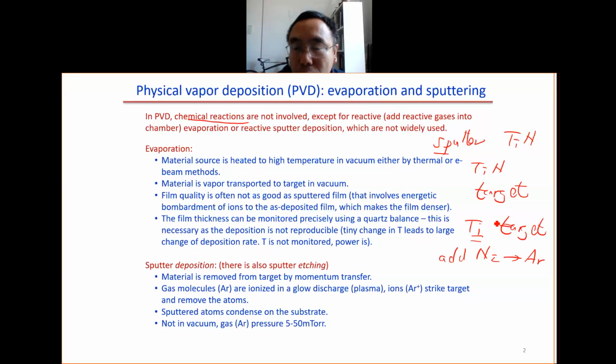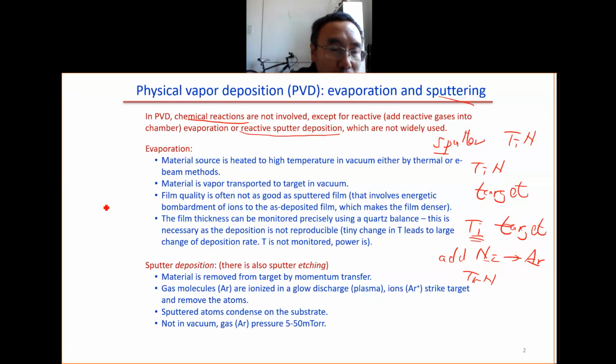Normally when we do sputtering deposition, we use argon, but to get a titanium nitride film using titanium as the target, we can add nitrogen into the argon. So this is called reactive sputtering deposition.